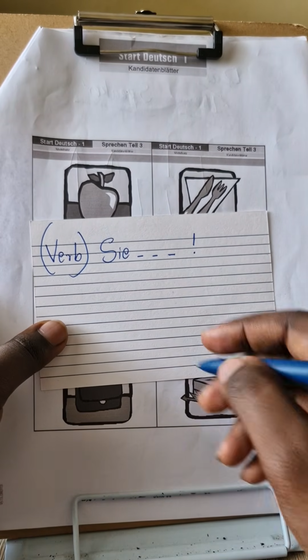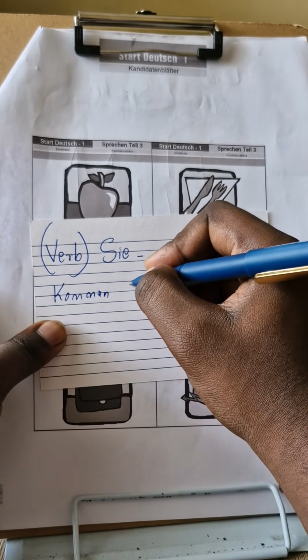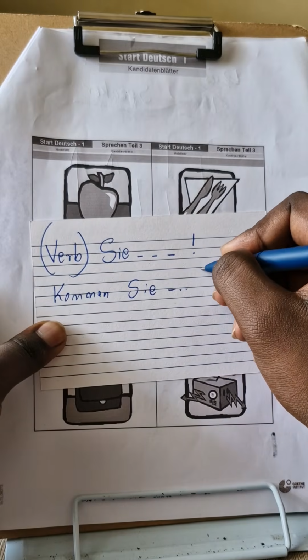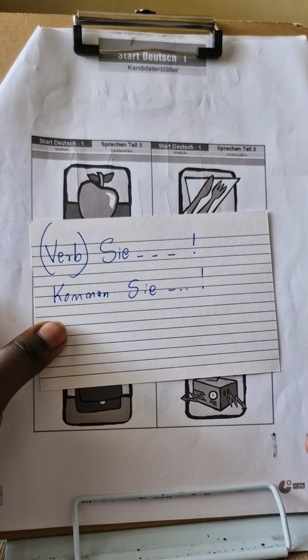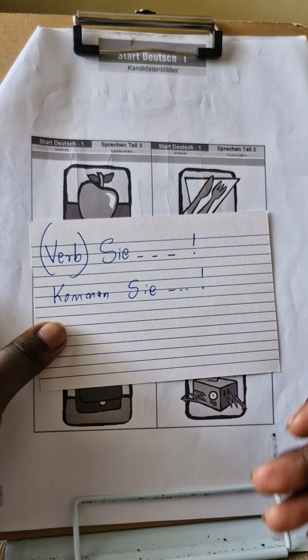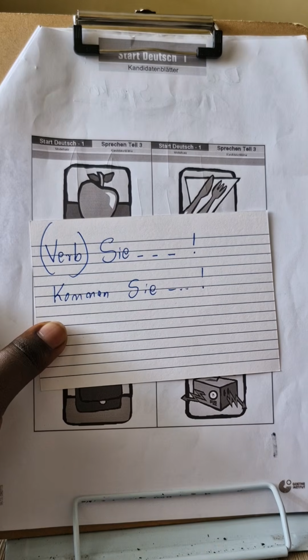Okay? So that you'd say, kommen Sie, right? Bitte, kommen Sie am Montag. Bitte, bringen Sie ein Auto. Bitte, kaufen Sie. So in the Sie form, what I do, just begin with the verb and then Sie. Kommen Sie, bringen Sie, essen Sie, kaufen Sie, etc.